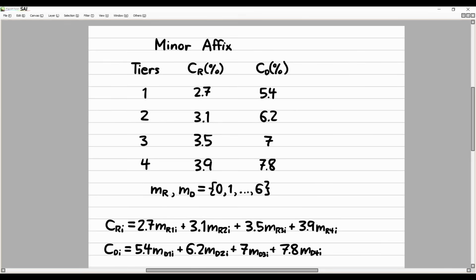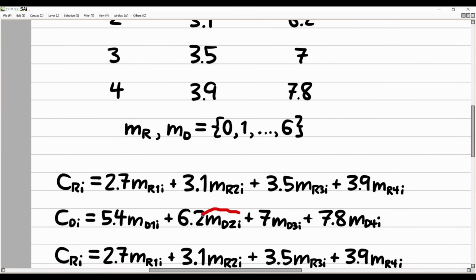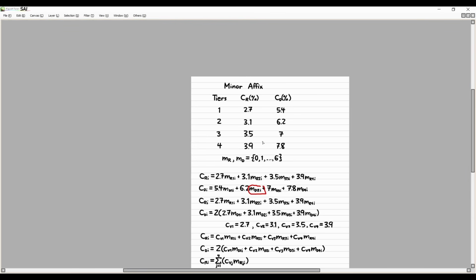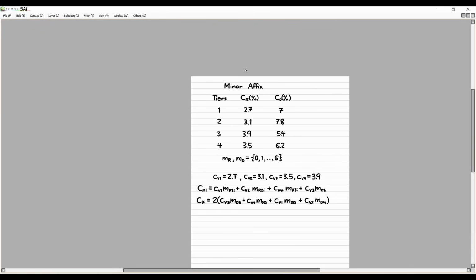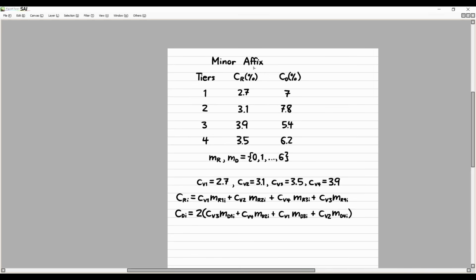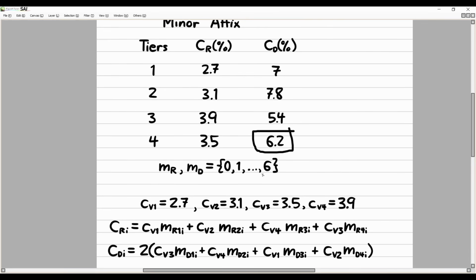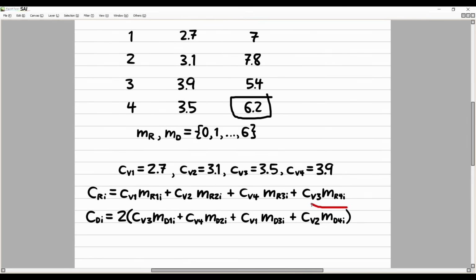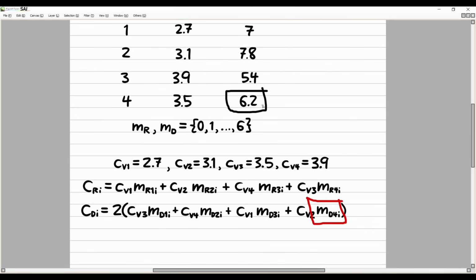So that would specifically mean that in order to get 6.2 in our crit damage, we have to specifically increase this MD2. However, if we decided to use this much more random and probably more general type of tier system, and we have a value of 6.2, that would just mean that I have to choose MD4 rather than MD2 here.